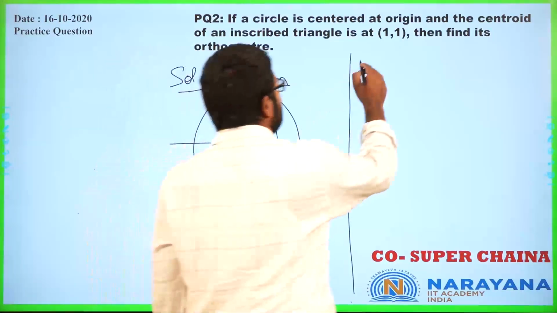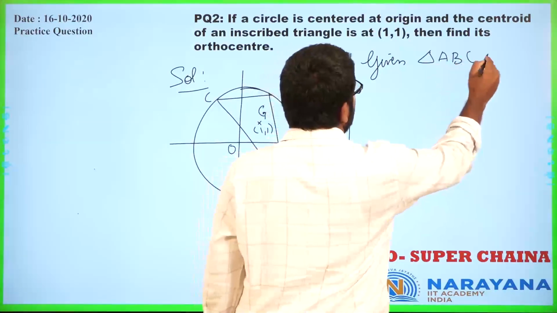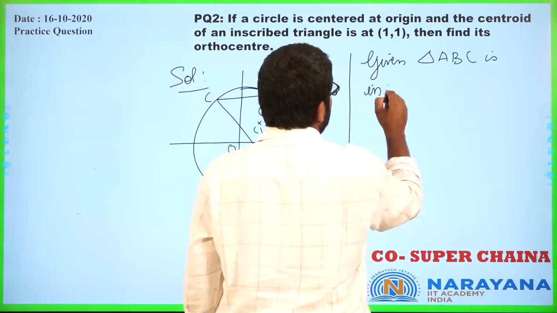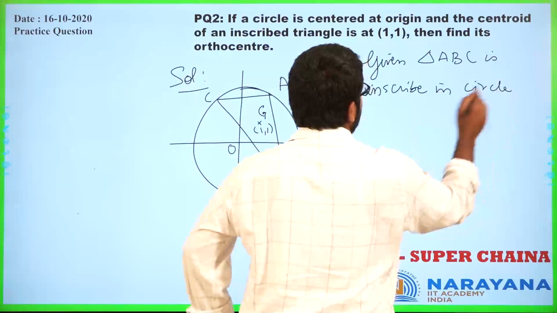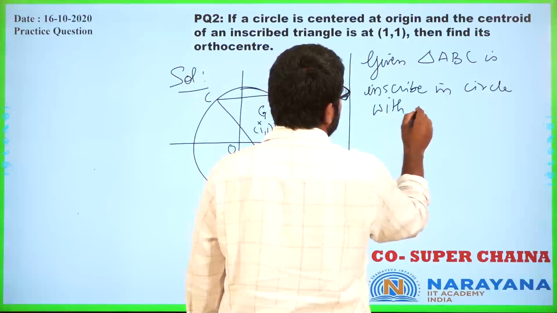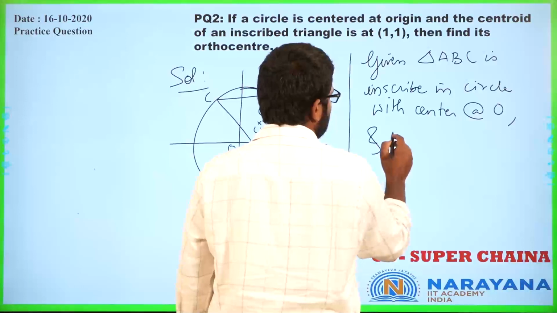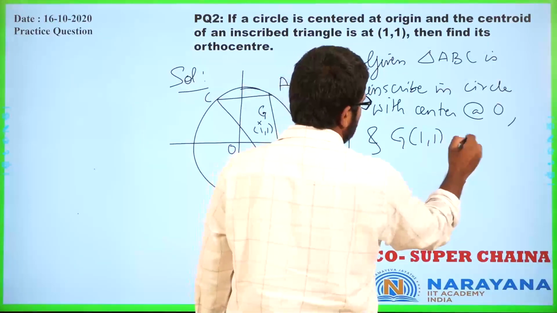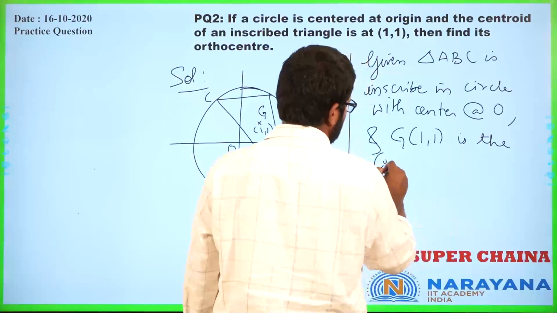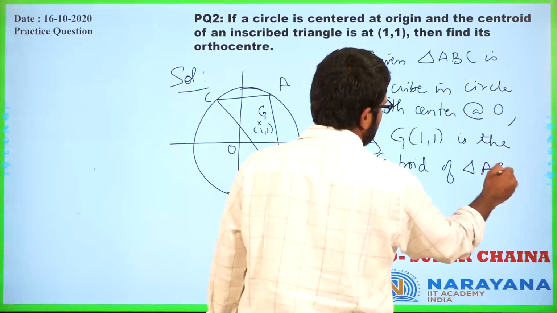Okay, so it is given triangle ABC is inscribed in a circle with center at O, and G 1, 1 is the centroid of triangle ABC.